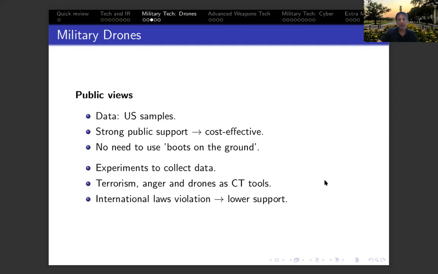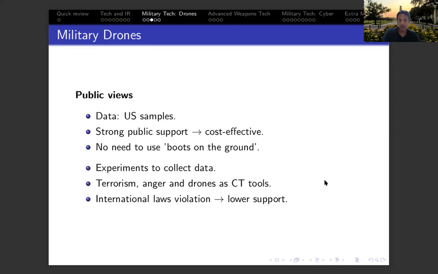Scholars also use experiments to try and add a little more specific types of information and still test for the opinion of the public. So I talked a little bit about the effects of emotion as a response to terrorism. When terrorism leads to high degrees of emotional reactions led by anger, then public support for the use of drones as a counterterrorism tool is actually much higher.